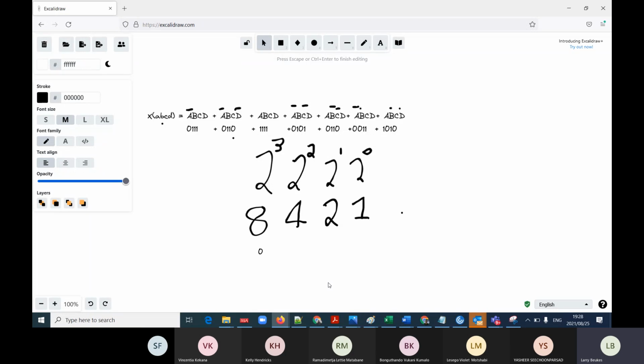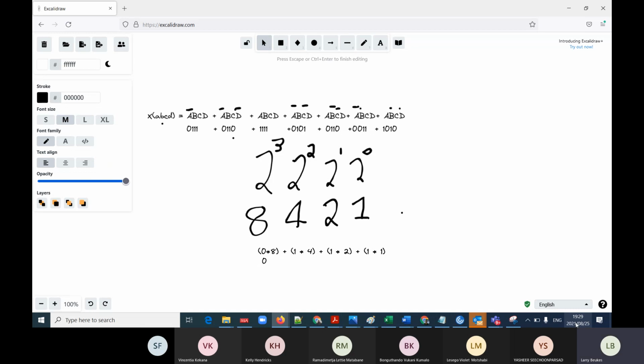So you're going to say 0, which is this one. 8 was not present, right? So it's 0 multiplied by 8, plus, 4 was present, so 1 multiplied by 4, plus 1 multiplied by 2, plus another 1, 1 multiplied by 1.